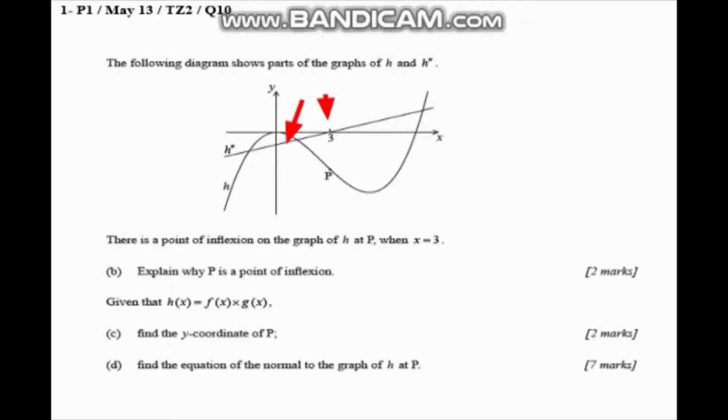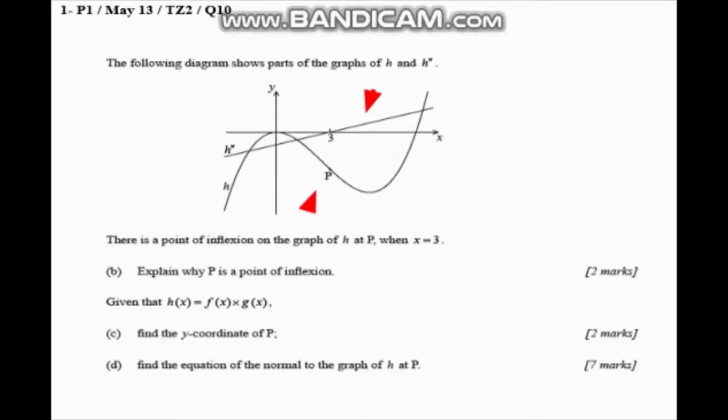After x equals 3, h double dash lies above the x-axis, and hence h double dash is positive. So at x equals 3, h double dash is 0 and changes sign. This is the definition of a point of inflection. Hence P is the point of inflection on the curve of h, as deduced by analyzing the curve of h double dash.